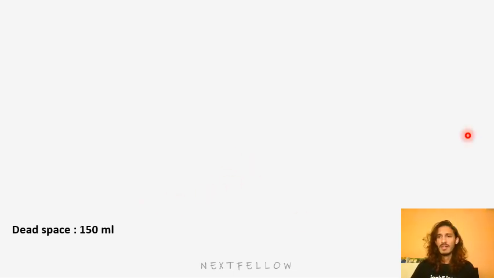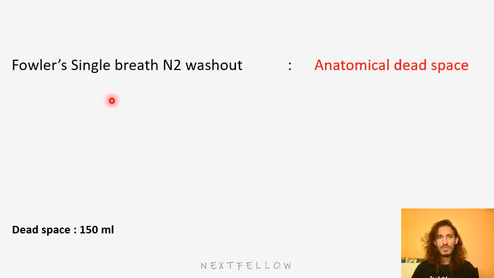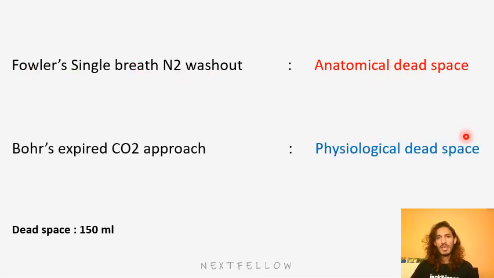For anatomical dead space, it's through Fowler's single breath nitrogen washout method, and the Bohr expired CO2 approach is for physiological dead space. I'm not going to elaborate on this because it's a concept which will take a lot of time for you to even understand.